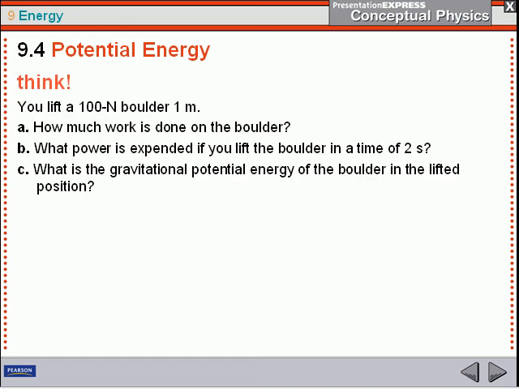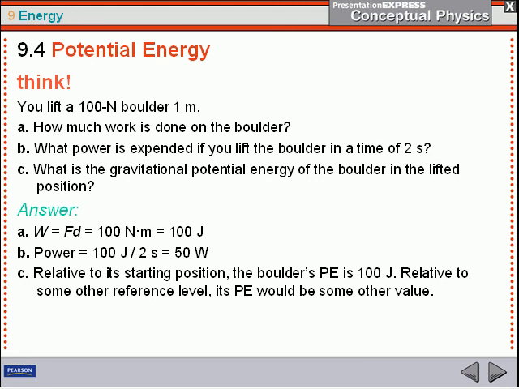So let's think about this. You lift a 100 Newton boulder 1 meter. How much work is done on the boulder? Well, that's going to be 100 newtons times 1 meter, so that should be 100 joules of work. The power, how much power is expended if you lift the boulder in a time of 2 seconds? We'll take that 100 joules of work, divide it by 2 seconds, and we end up with 50 watts.